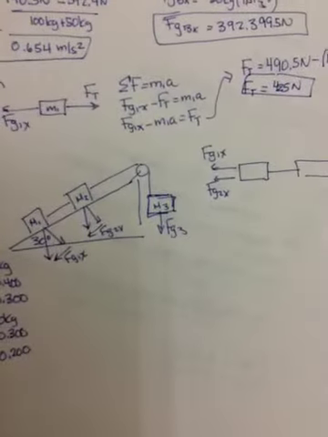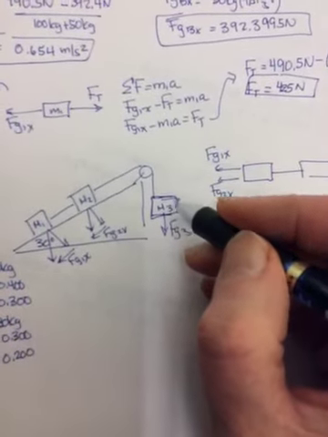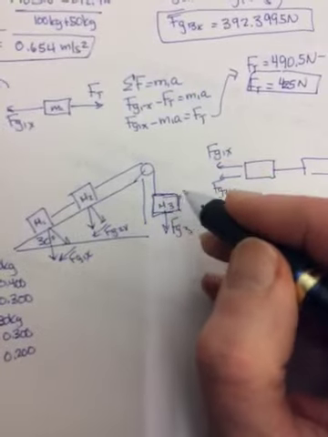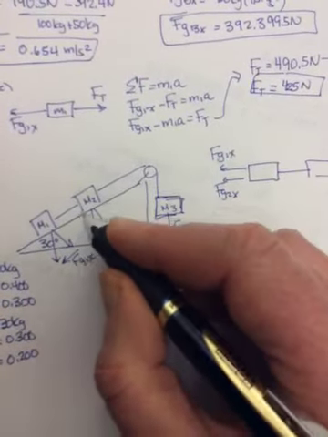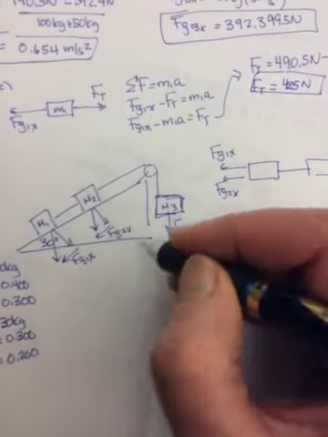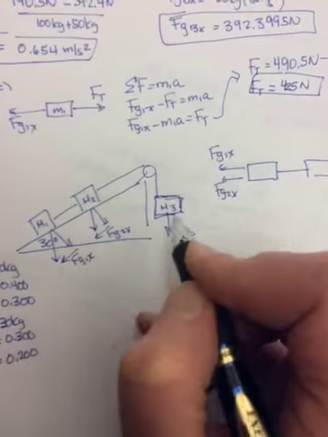Okay, so you should be able to imagine that if I keep making M3 bigger and bigger and bigger, there will come a point where regardless of the friction, this system will slide up the incline. And when that happens, friction will be acting down the incline.